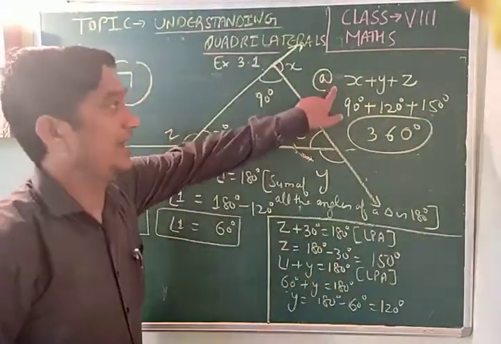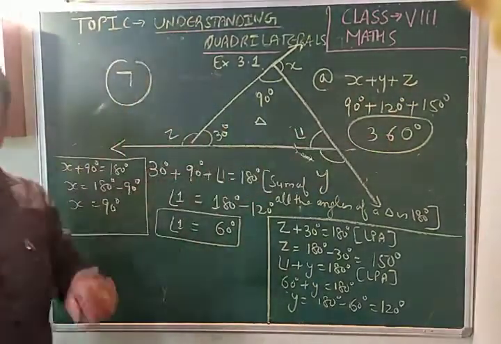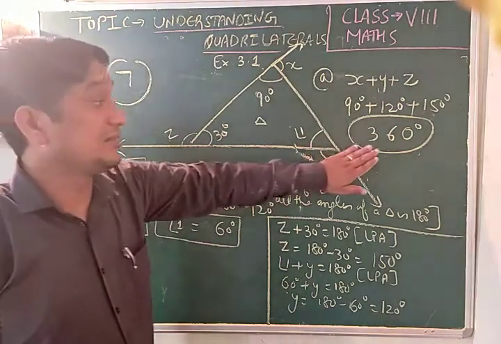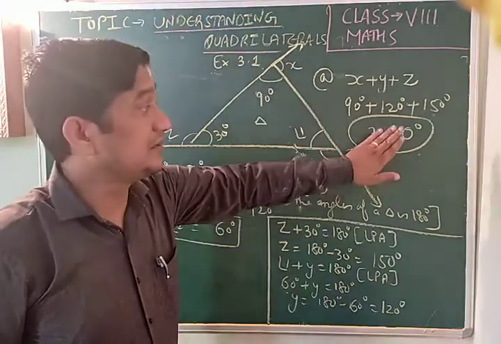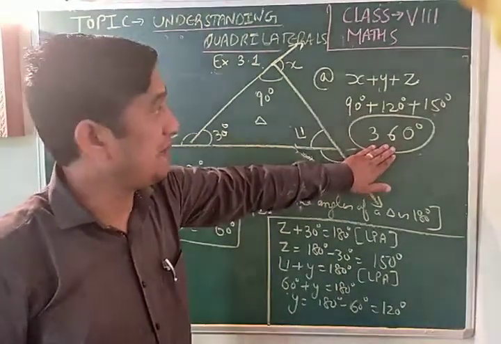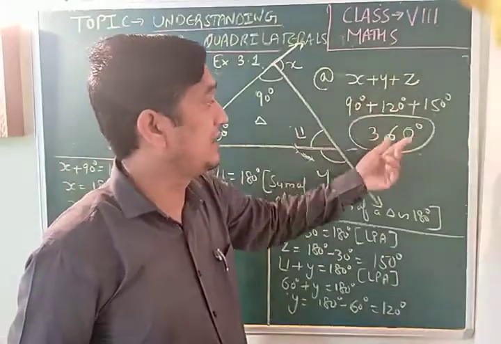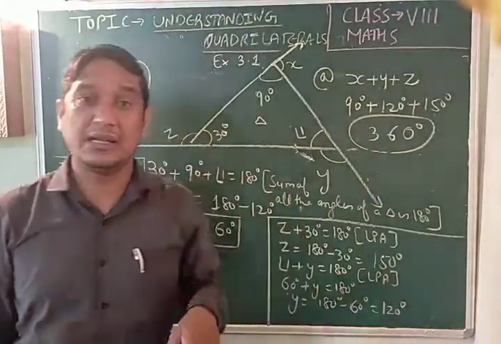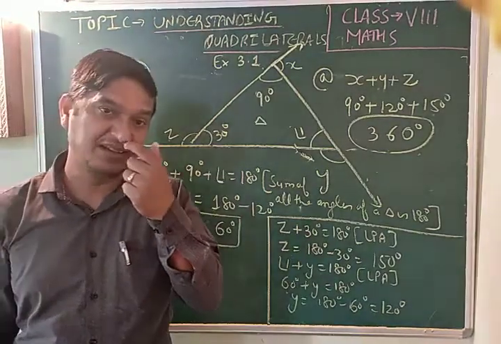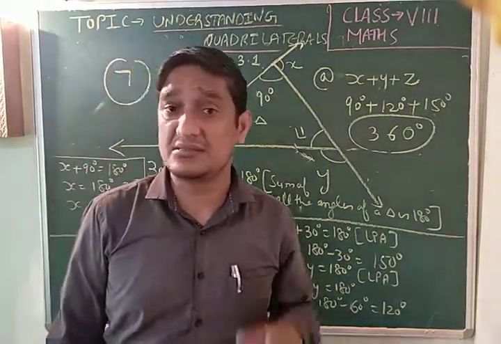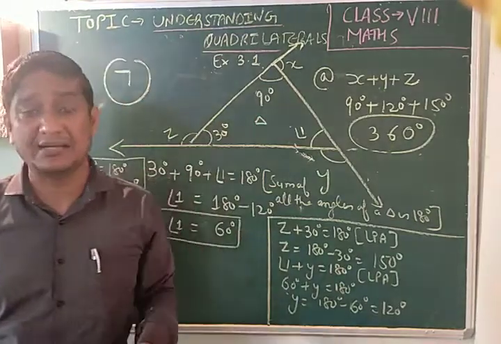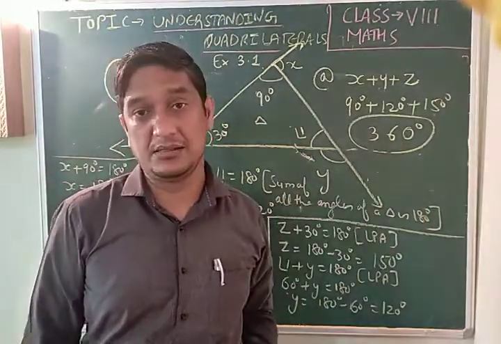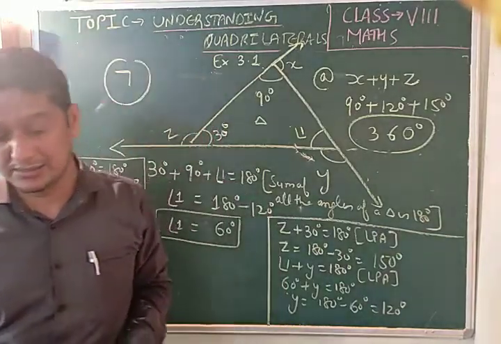Look, x plus y plus z is 360 degree. Children, this is a concept, this is a fact. The sum of all the exterior angles of any polygon, whether it is a quadrilateral, pentagon, hexagon, triangle, square, rectangle, whatever, is 360 degree.